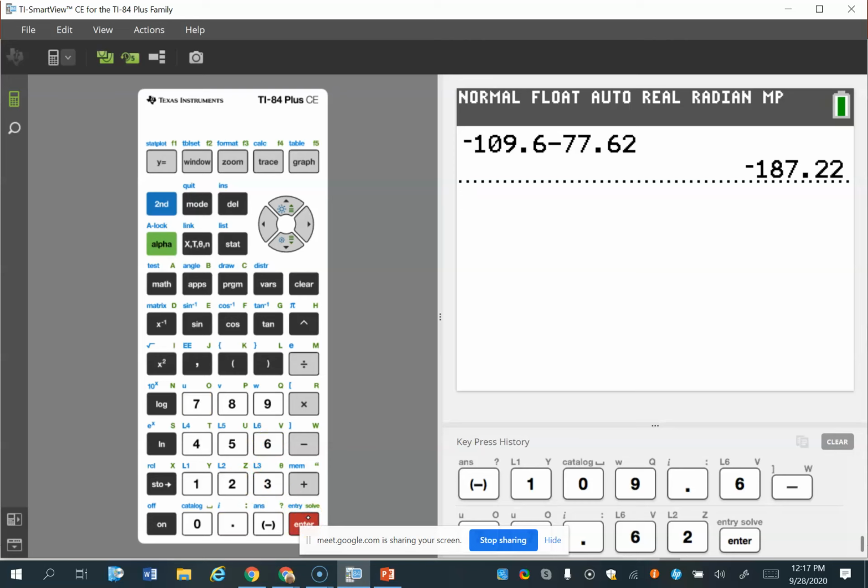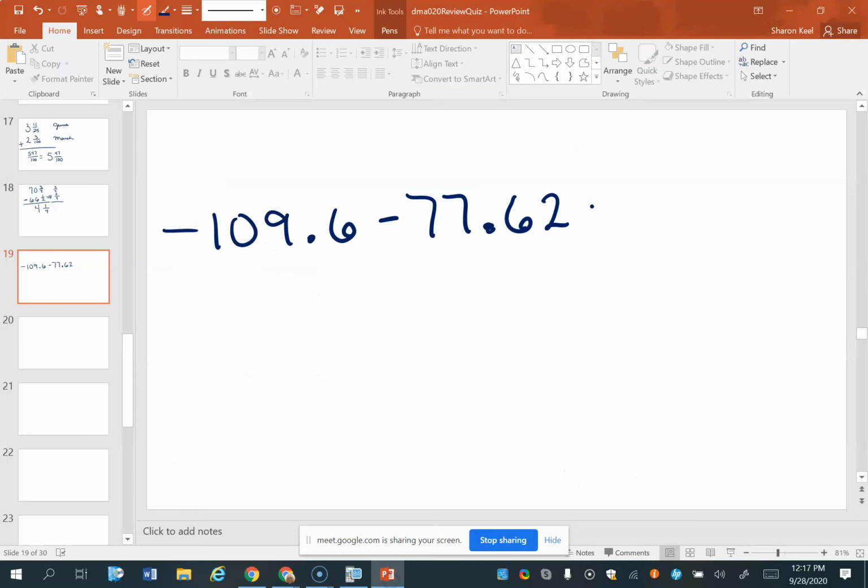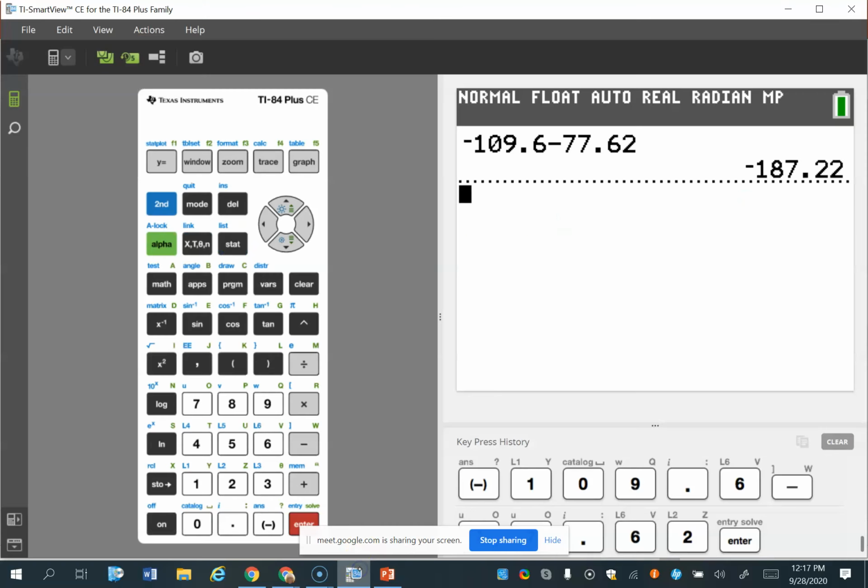That gives us negative 187 22/100. So just utilize your calculator. Notice when I type the first one in here for the negative 109, I use the negative sign, not the minus. Okay.